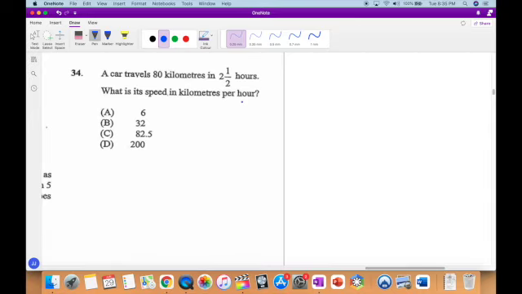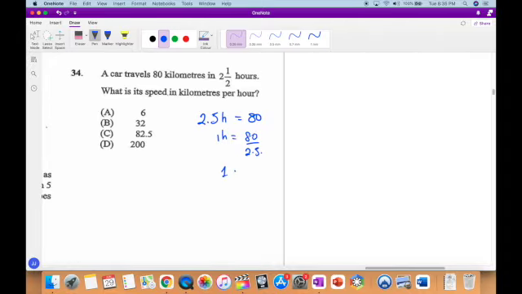So if he travels 2.5 hours, then in 1 hour he would have been traveling 80 divided by 2.5.